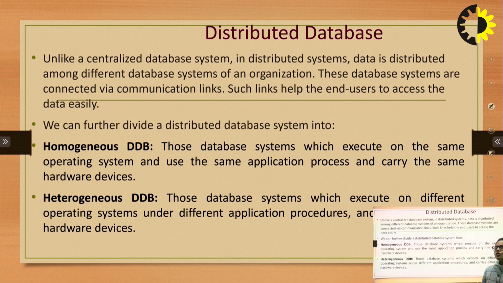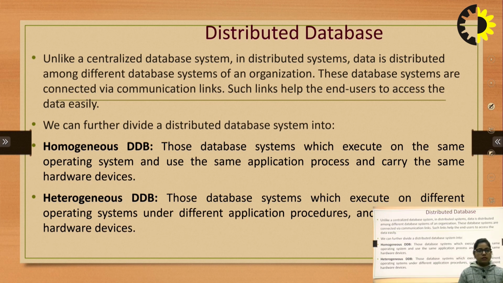Now, what is homogeneous and heterogeneous? Those database systems which execute on the same operating system, use the same applications and processes, and carry the same hardware devices are called homogeneous distributed databases. Now, what is heterogeneous?